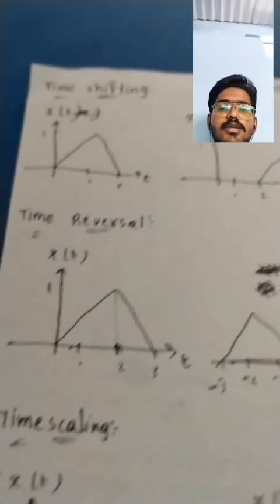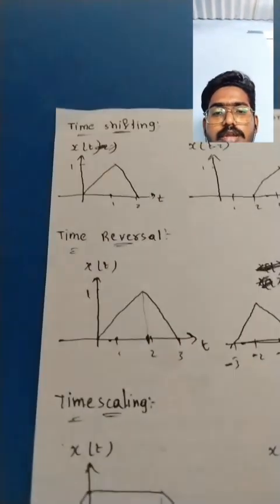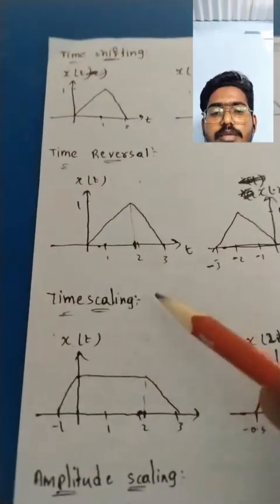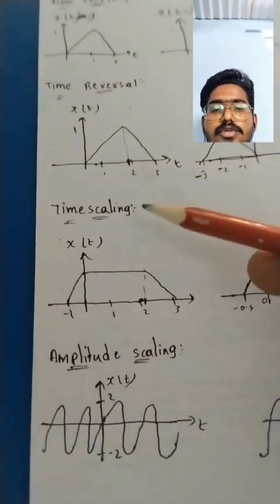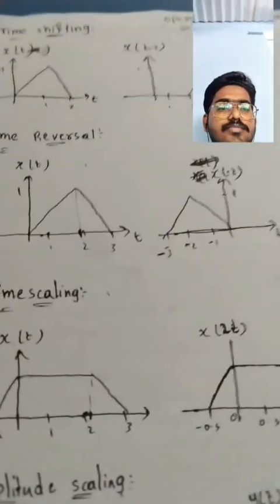In time domain, there are three properties: time shifting, time reversing, and time scaling. And in amplitude domain, amplitude scaling is present.